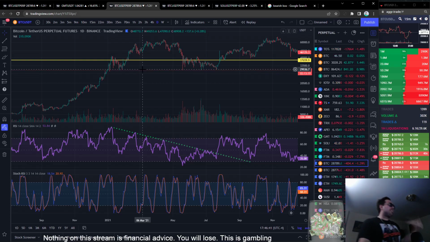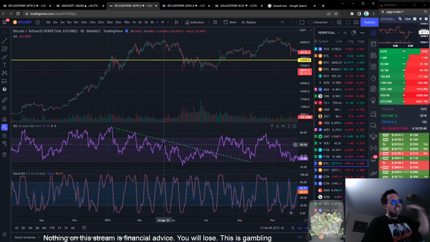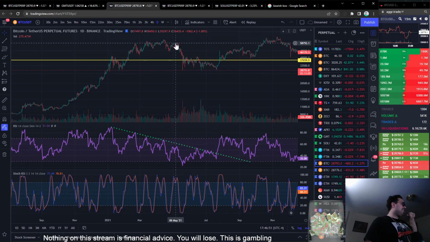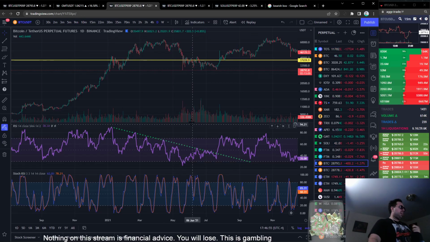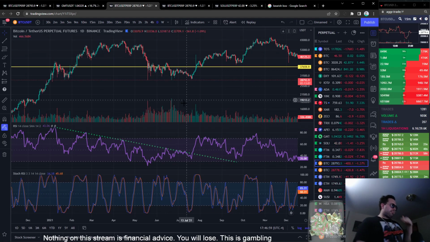The RSI was literally telling you 40K was the highest. The next time we hit an all-time high, less interest. The next all-time high, less interest. The next little bounce after the drop, even less interest. And that's how you got into a very bearish situation over here, right?